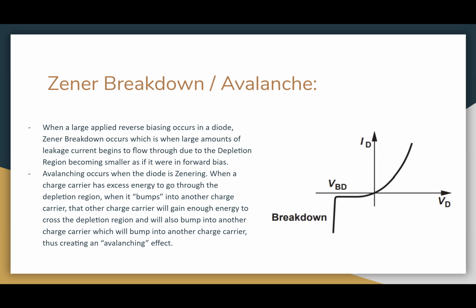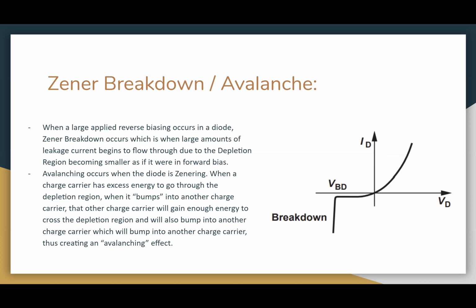With avalanching, that occurs when it Zeners. Avalanching is when a charge carrier has an excess amount of energy to go through the depletion region, which will cause it to bump into another charge carrier. Let's say that charge carrier didn't have enough energy. Now, since the one with excess energy bumps into it, it will have enough energy to cross through the depletion region, and it will eventually bump into another charge carrier, which will have the same thing happen.